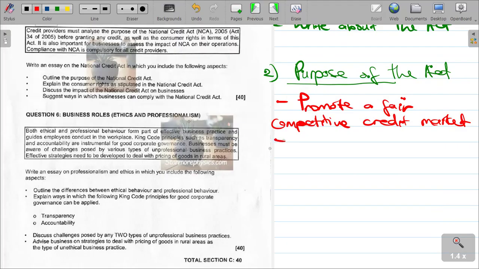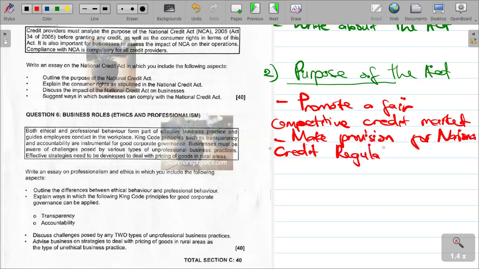Another purpose of the Act is to make provision for the establishment of national credit regulators, which is the NCR.